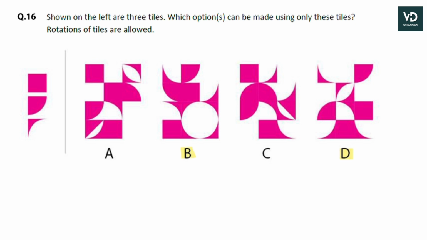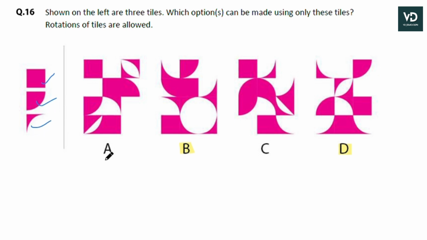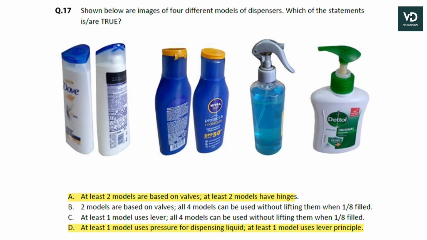The correct options are B and D, and the incorrect options are E and C. To select incorrect options, here we can see there is a square, a quarter circle, and some kind of quarter circle with negative. In this option here, they provided a triangle, but we don't have a triangle tile, so this will be the incorrect option. Same in C, they have provided a triangle tile here, but we don't have a triangle tile, so this will be the incorrect option.